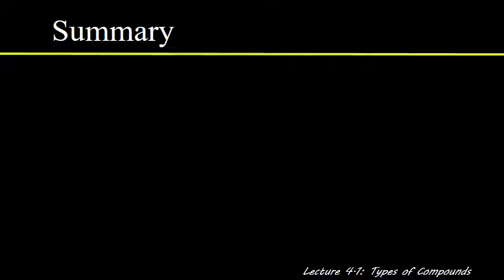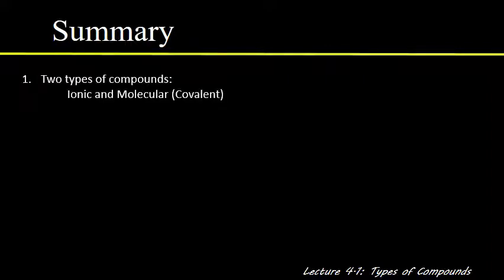Okay, so what we looked at in this video, we're looking at 2 types of compounds, ionic compounds and molecular compounds, and we'll use these 2 terms, molecular and covalent, as synonyms, right?